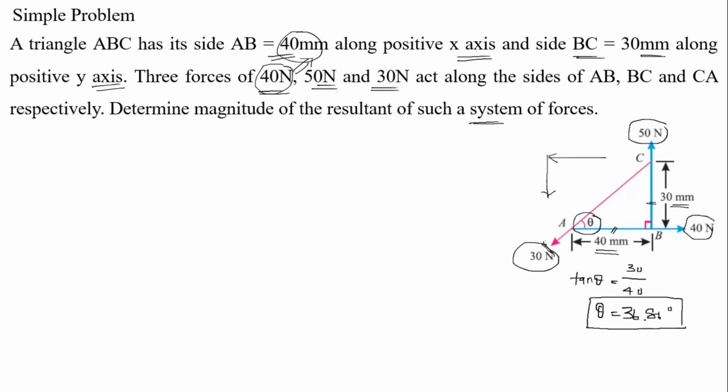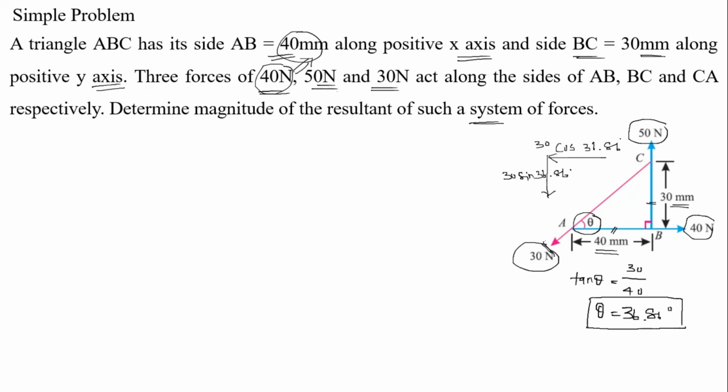So the horizontal component is 30 Newton cos 36.86, and the vertical is equal to 30 sin 36.86 degree, right? So now for horizontal, both are in opposite directions, this one and this one, right?